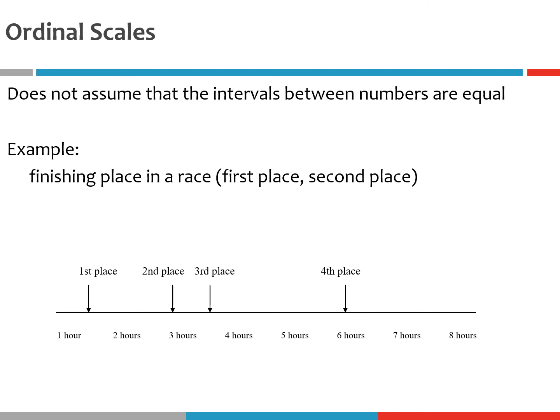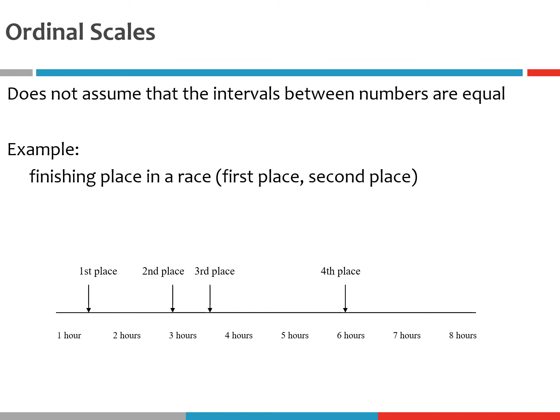So they're all still ordered on the basis of magnitude, but the distance between the number one song and the number two song is not the same as the distance between the number two song and the number three song. So ordinal scales do not assume equal intervals.